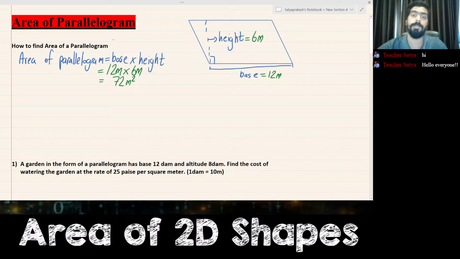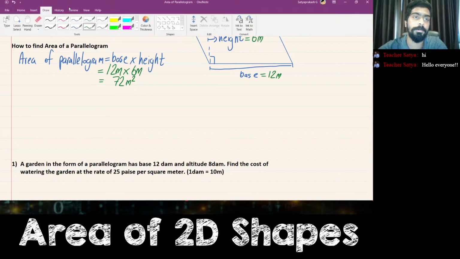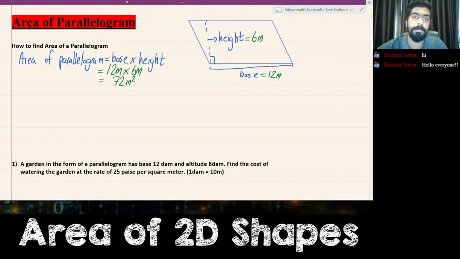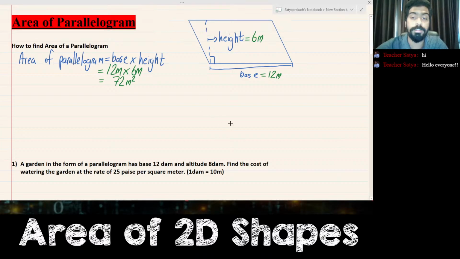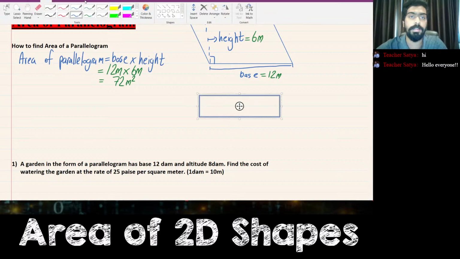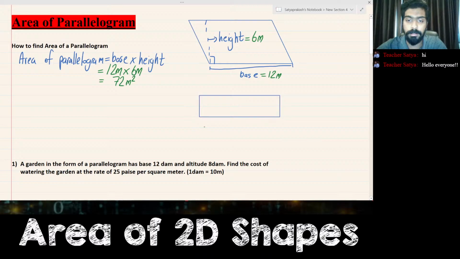Now let me give one more example. Let me say I have a parallelogram, which can also be a rectangle that looks like this. The base, or in this case the length, is 15 centimeter and the height is 6 centimeter.